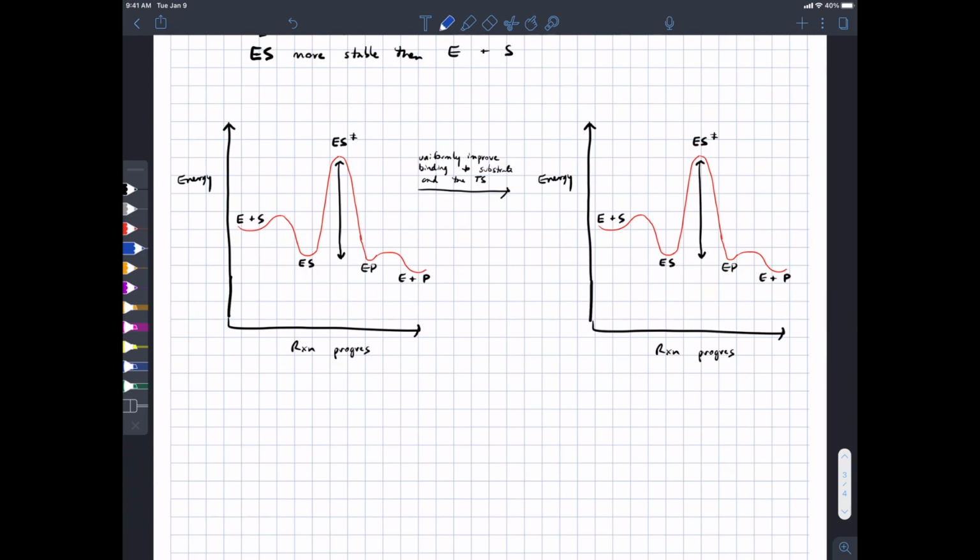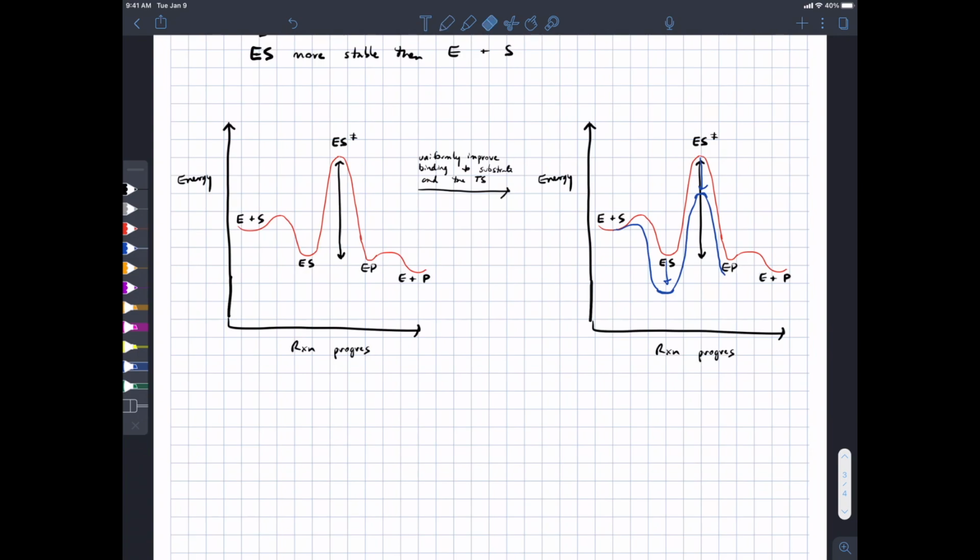Well, that means that, and I'm going to use blue for this, now the enzyme substrate, let's go down, lower it in energy by, let's say 2 squares. So there's the enzyme substrate complex. If we lower the transition state similarly by 2 squares, let's see what that does to catalysis.